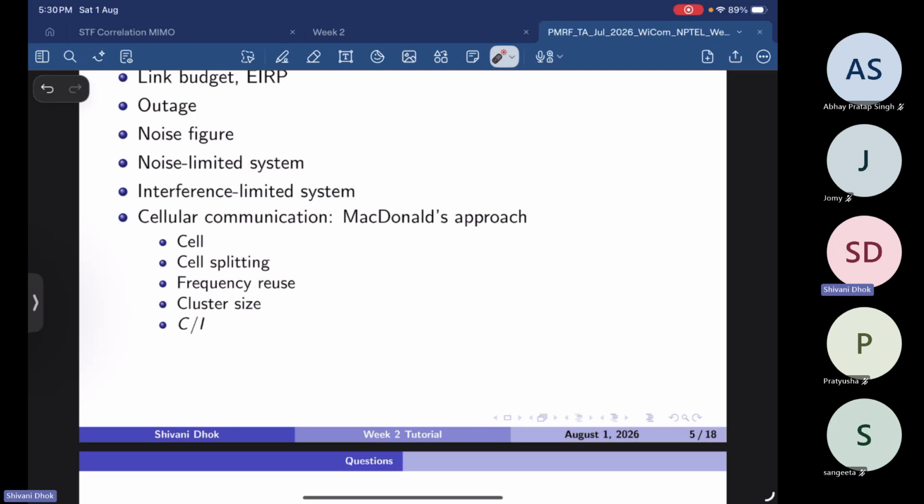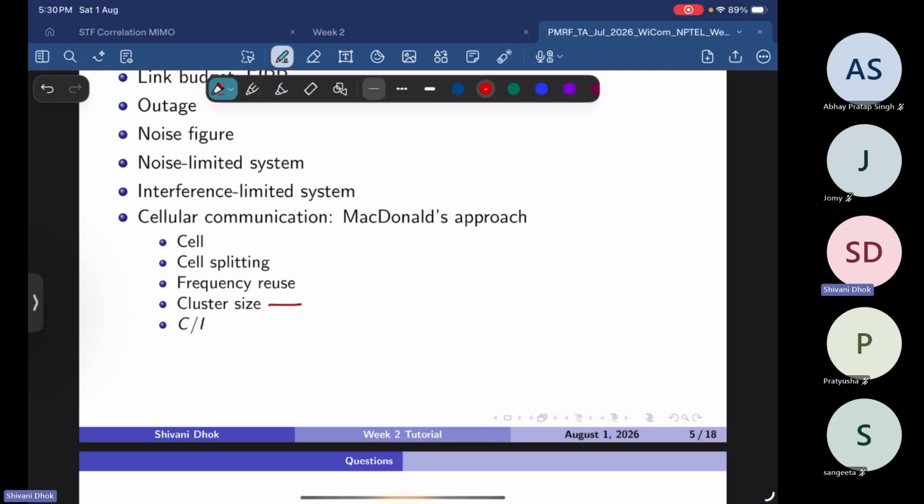We'll also do cell splitting, and we'll cluster them and repeat the frequency allocation patterns over the distance, which is known as frequency reuse. The valid cluster size you looked at is i square plus j square plus ij, where i and j are integers, and we also saw how the C by I ratio is calculated. I'm not going into details of the cellular concept right now.